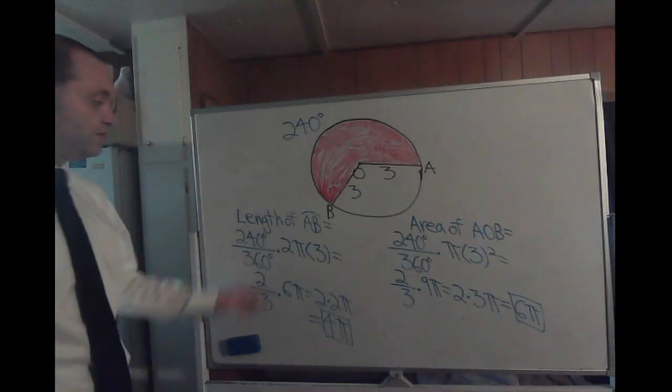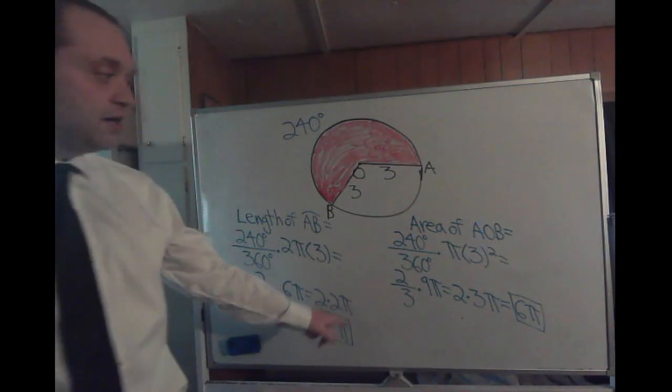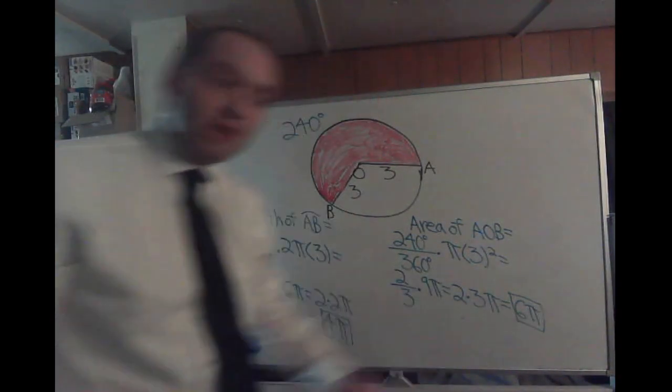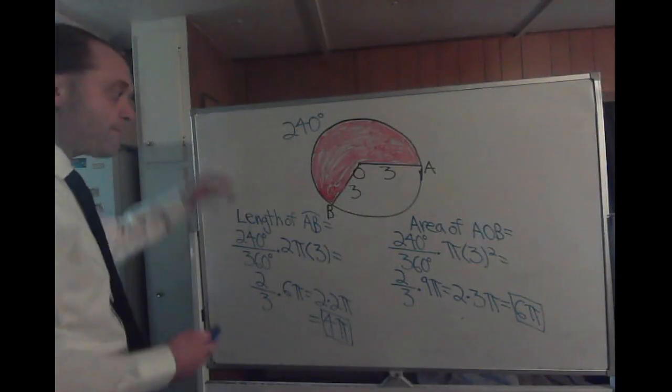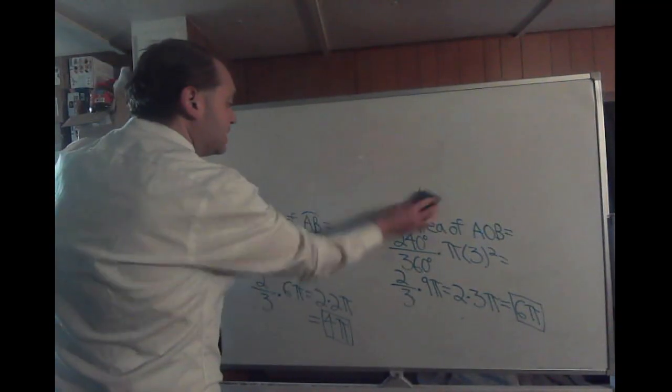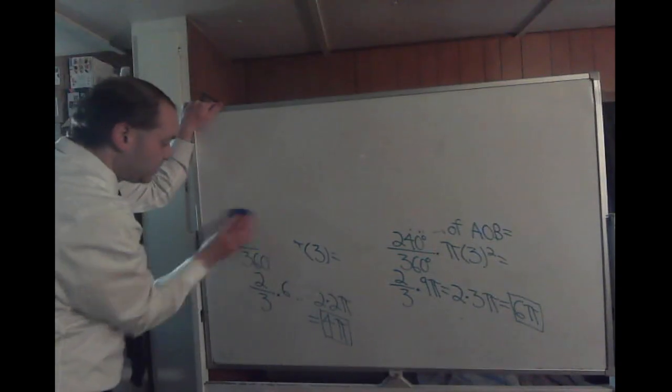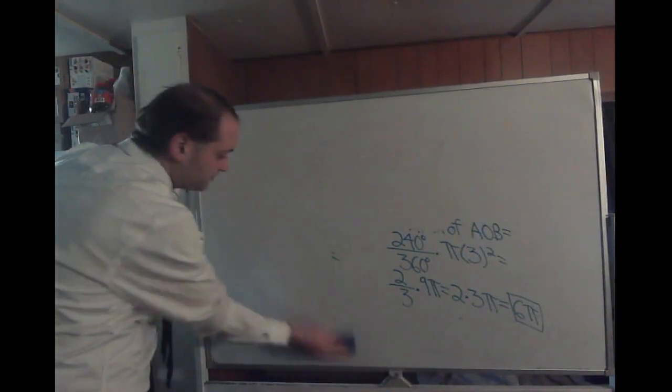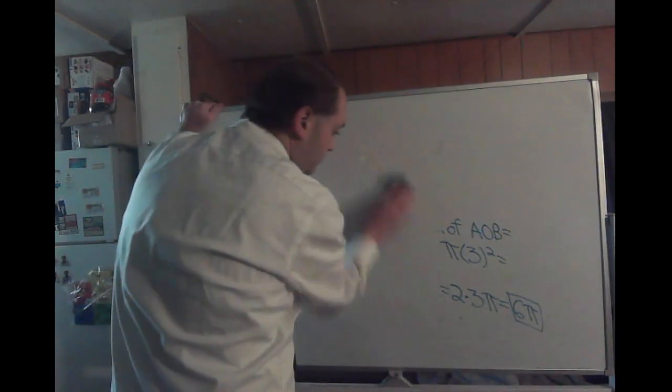So the length of arc AB is 4 pi, the area of sector AOB is 6 pi. I might as well just draw a whole new circle at this point for what I got to do. Should just have 2 more exercises, then we'll be done.